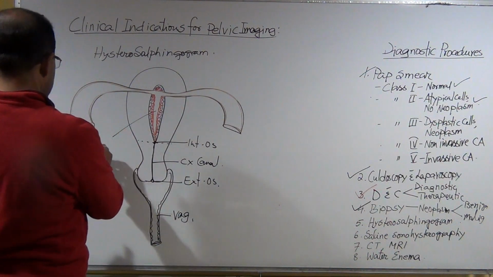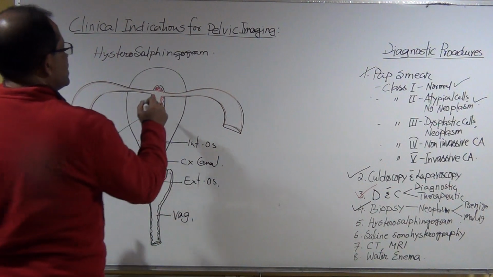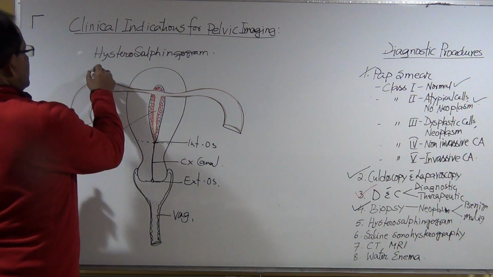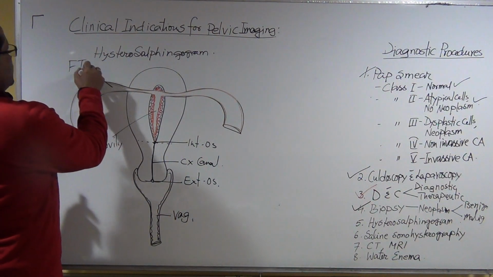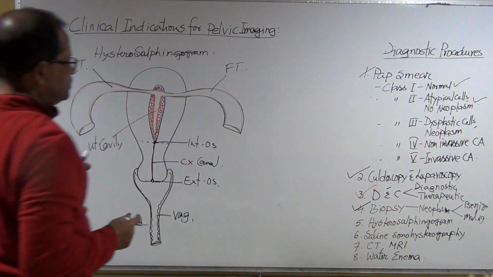This is the uterine cavity, and this is the fallopian tube.